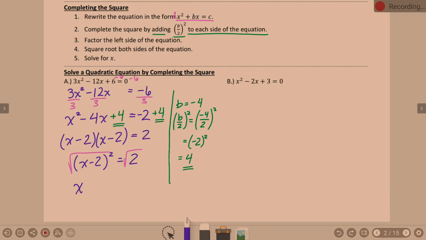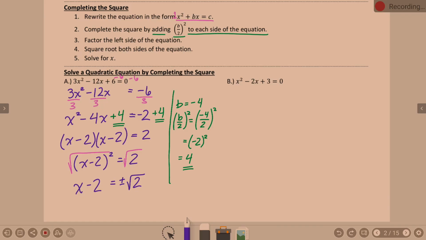X minus 2. On the right, what's the square root of 2? Plus or minus square root of 2. I need you to remember to write that plus or minus down, right? We square root both sides of the equation.